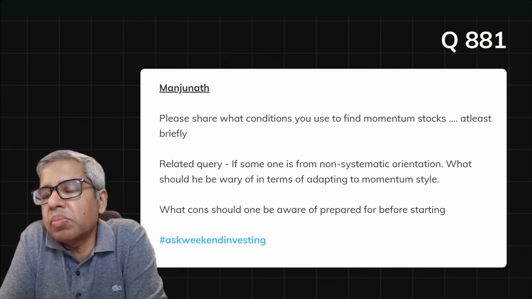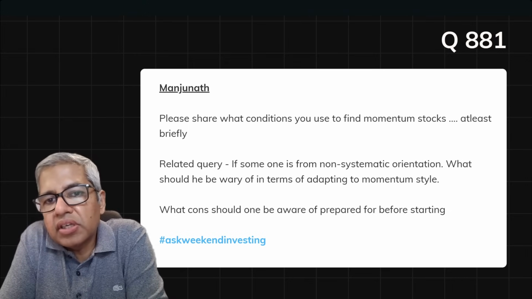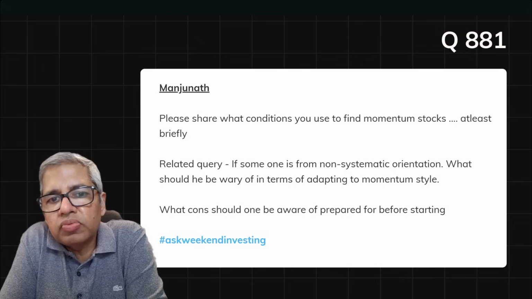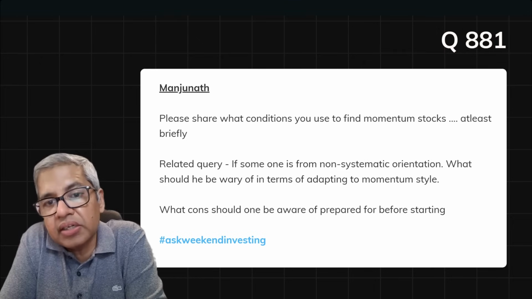So sometimes there will be conflicts, where you may think that the stock the system is buying is overbought or perhaps does not have room to go, and you may sometimes also be right.